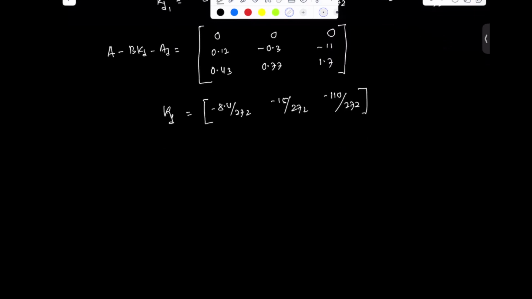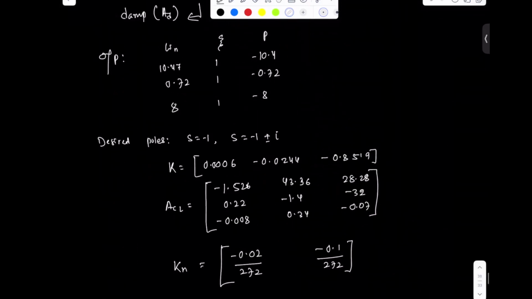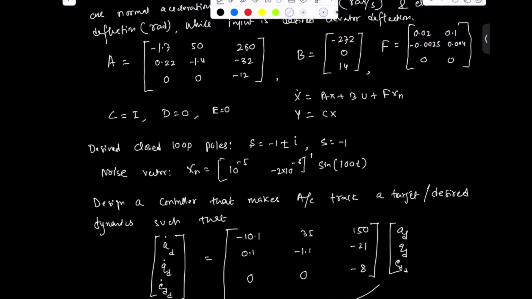Now we'll assume the same noise level acting on the system, the same noise we had in the last lecture.